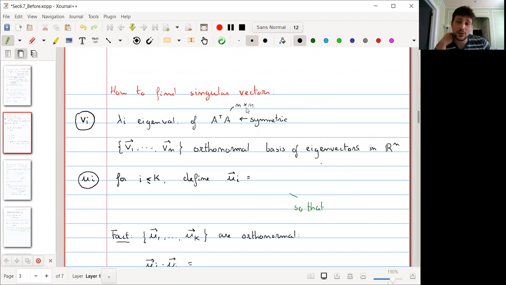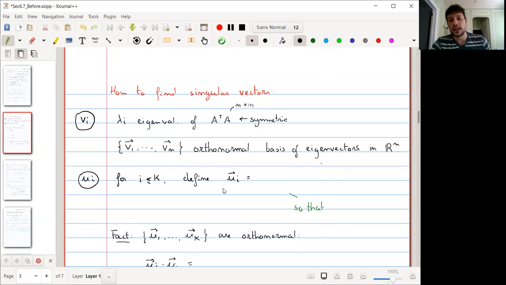So its eigenvectors will be vectors of Rn, which is what we need the vi's to be. It's a symmetric matrix, so we can pick an orthonormal basis of eigenvectors for it, and those are going to be our vi's. So the vi's are the orthonormal eigenvectors of A transpose A.